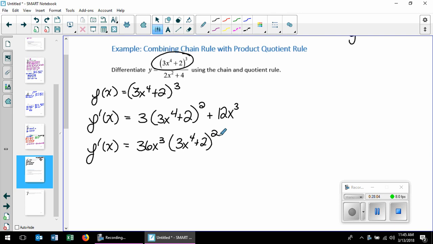Good? Chain rule? Did you do it? Because that should have been your answer for the chain rule.